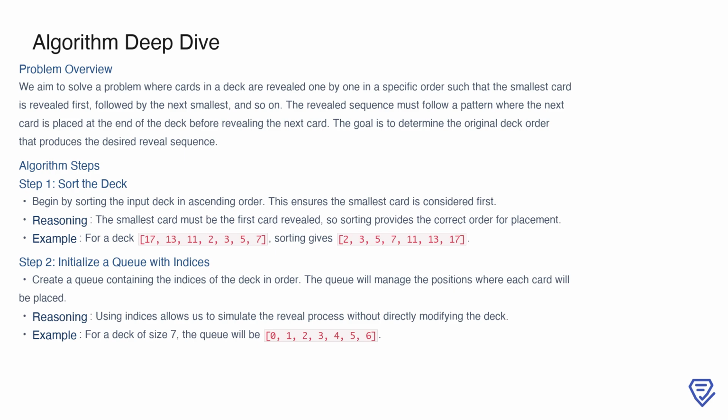Next, we initialize a queue containing the indices of the deck. These indices will represent the positions where each card will eventually be placed. For a deck of size 7, the queue would be 0, 1, 2, 3, 4, 5, 6. Using indices allows us to simulate the reveal process without directly modifying the deck, keeping our operations efficient and organized.